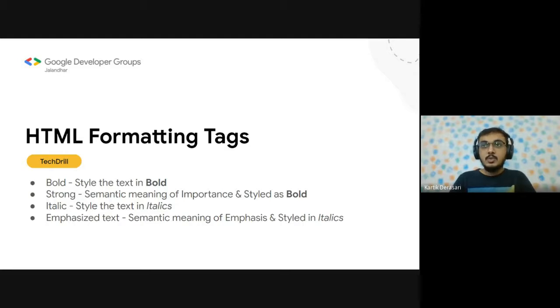So whenever you don't just want to style the content, but also want the browser to know that this is something important, then we should use the strong tag. The look of the bold tag and strong tag is very similar. You might not be able to differentiate between those, but there is a semantic, logical meaning behind that.